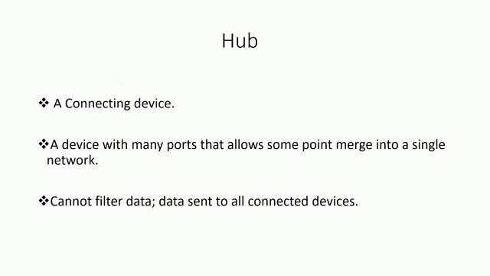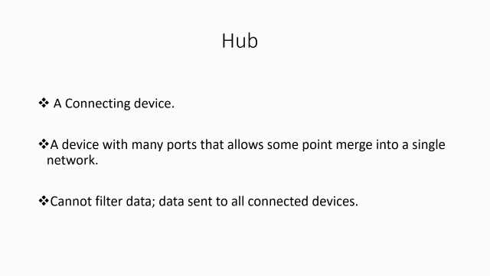A hub is a connecting device with many ports that allows some point merge into a single network. It's used to connect multiple twisted pair or fiber optic devices together and make them act as a single network. It's the simplest device that cannot filter data.